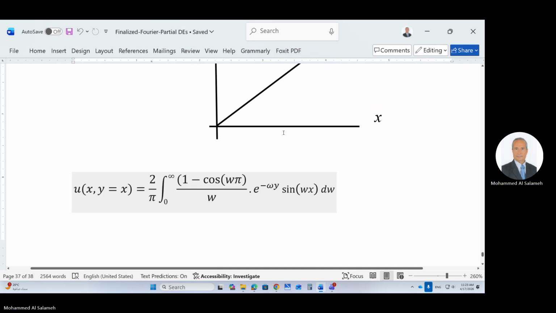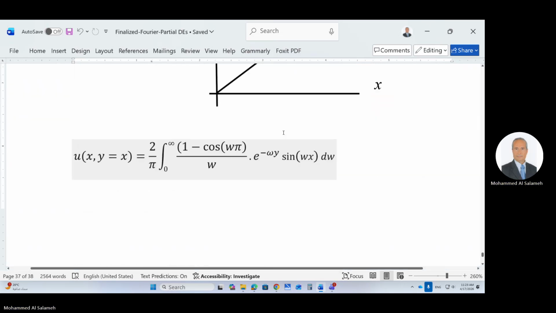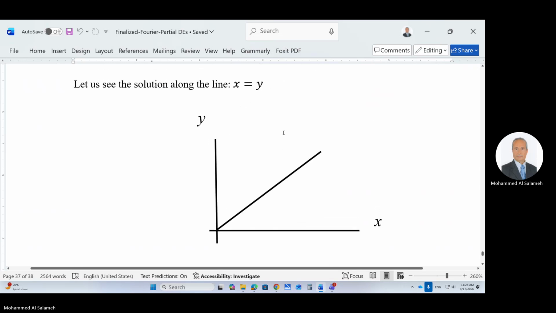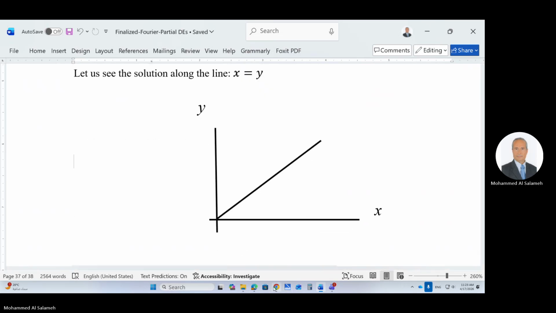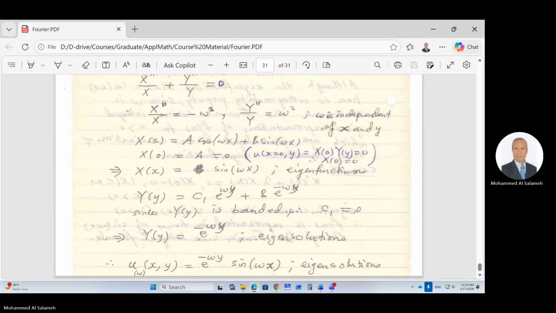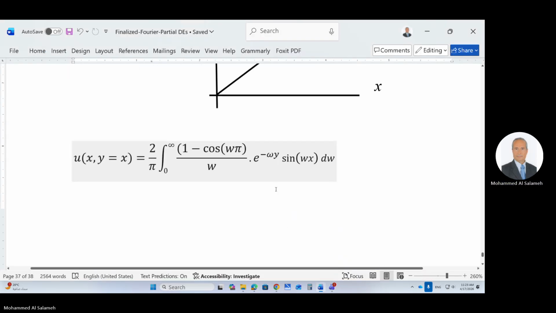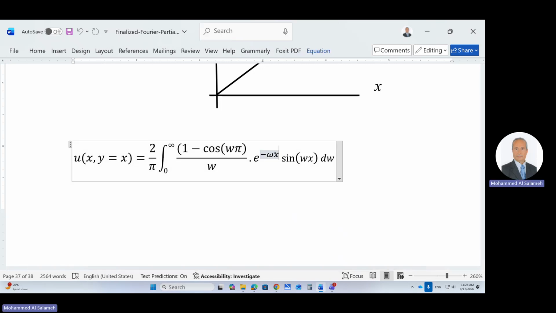Exponential minus omega y sine omega x. Good, because x equal y, y equal x.